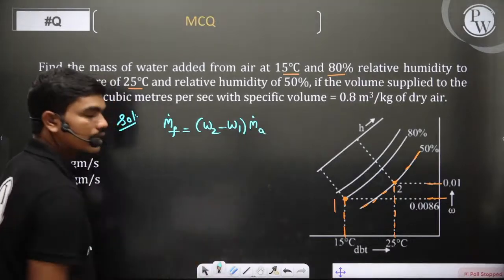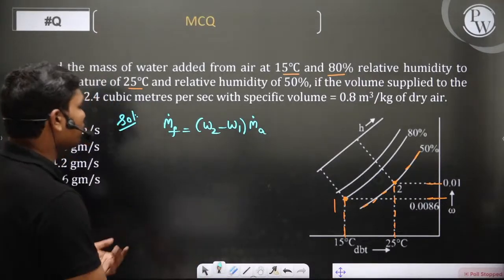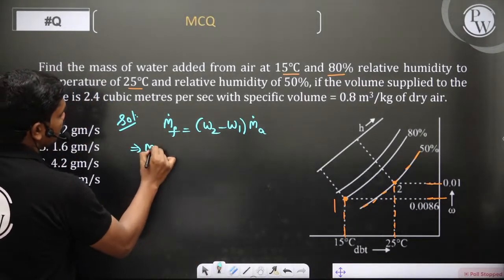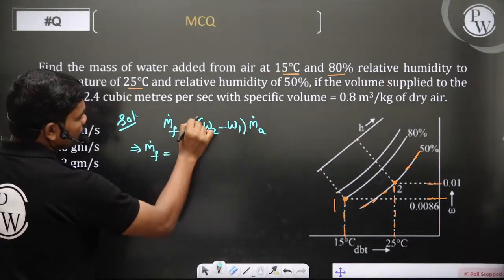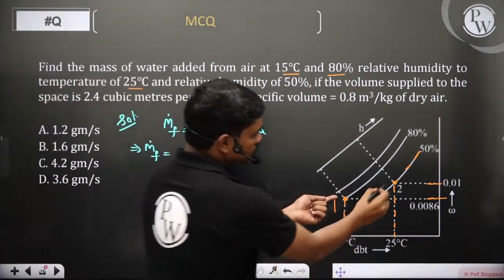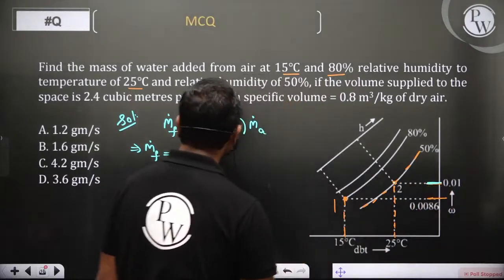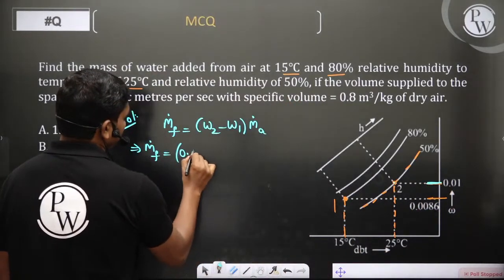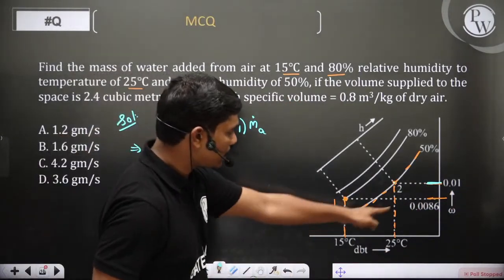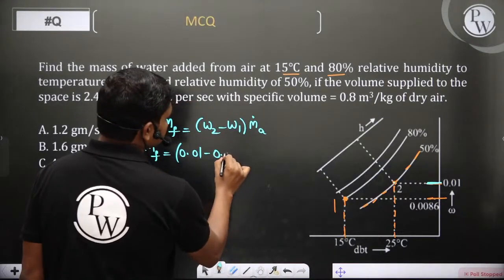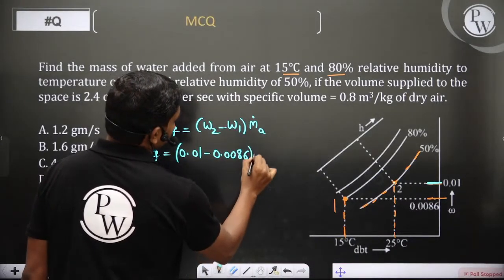This is nothing but the amount of water which is added. So m dot f is equal to omega 2, at the second state, which they have given directly in the psychrometric chart, 0.01, minus omega 1, at that point 0.0086, times m dot a.